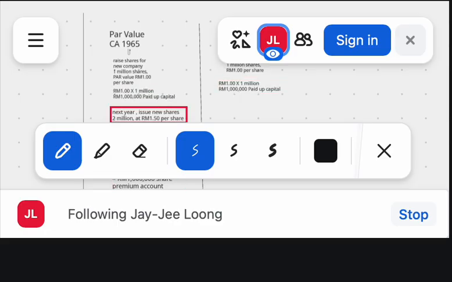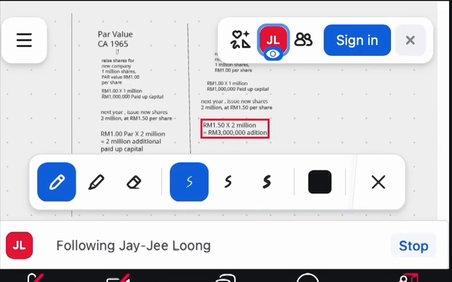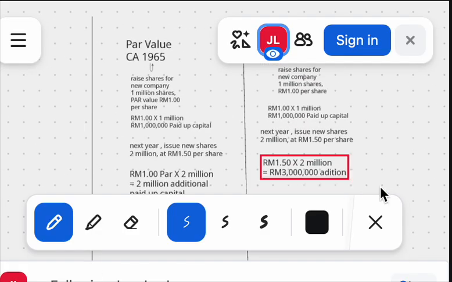When this scenario happens, I'll just do it simply: 1.50 times 2 million equals 3 million additional paid up capital.